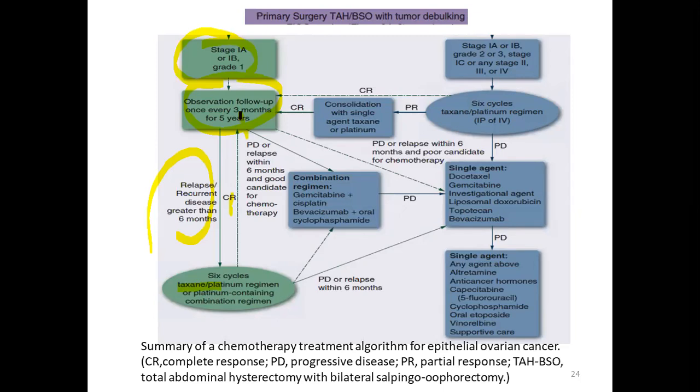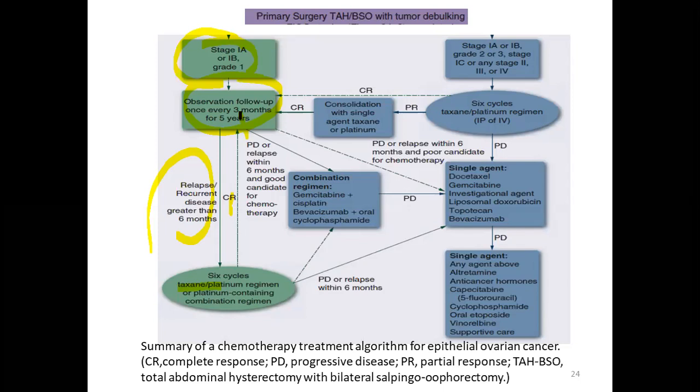The other option is if the patient has disease progression after surgery, within 6 months of treatment, we can consider gemcitabine with cisplatin, or bevacizumab plus oral cyclophosphamide. So if the tumor is relapsing within 6 months, that is the recommendation. But if the tumor relapses after 6 months, usually the earlier treatment modality is recommended.